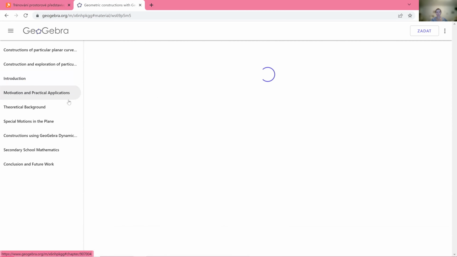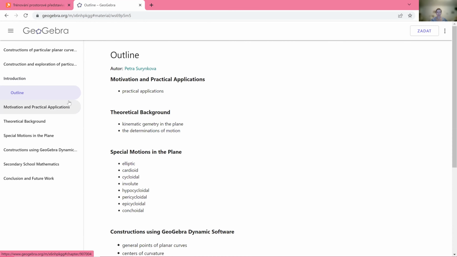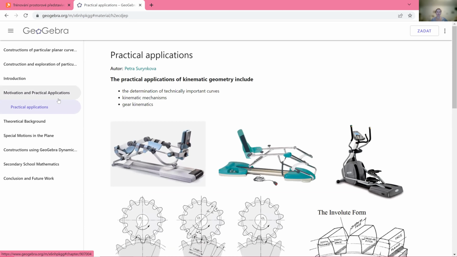So firstly, kinematic geometry. This is the outline of the presentation. I think we are sharing this material, so you can see it whenever you want. And what is kinematic geometry about? Firstly, some practical applications, why we are teaching this topic.